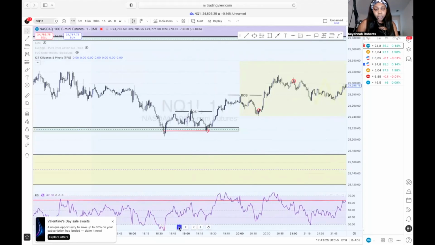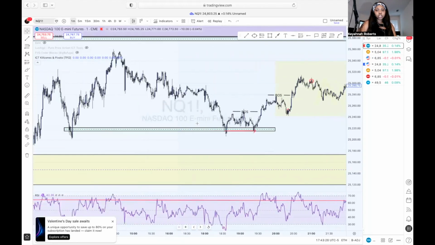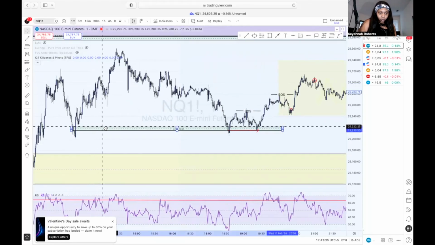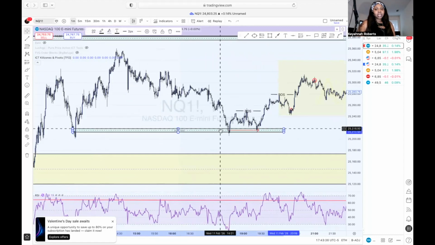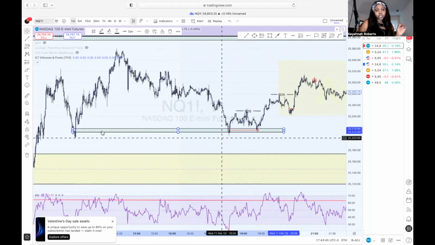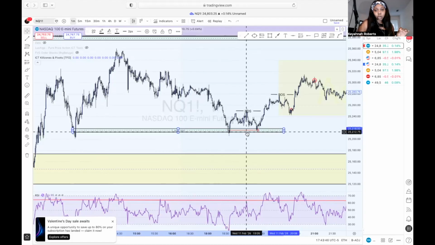So my confirmations that allowed me to get into this trade, I noticed we came into this fair value gap. We filled in this fair value gap here. So once I saw price wasn't trying to break this level of support, and it started to give me divergence.